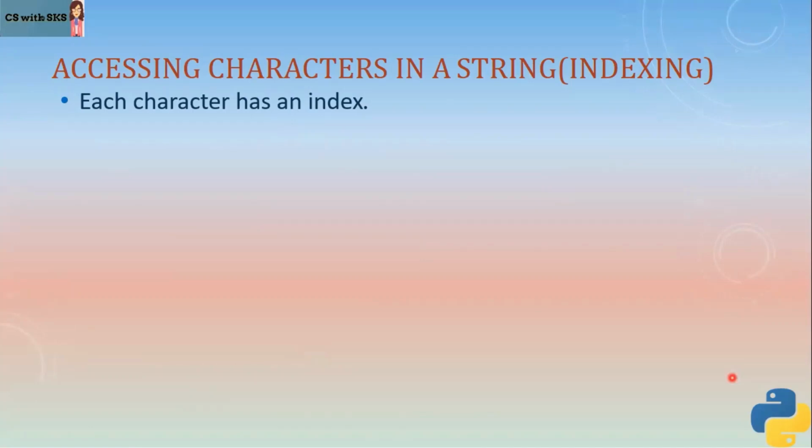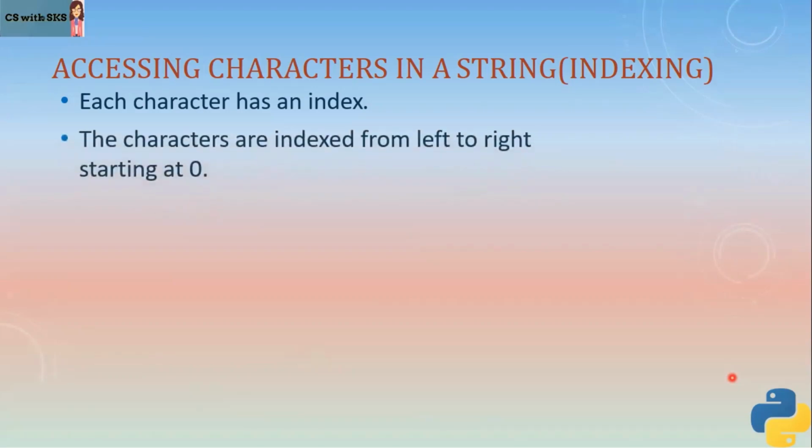Index basically means a place value associated with the character, right? The characters are indexed from left to right, and the starting index value is 0. So if you have 5 characters in a string, the first character has index value 0, then 1, then 2, then 3, then 4.